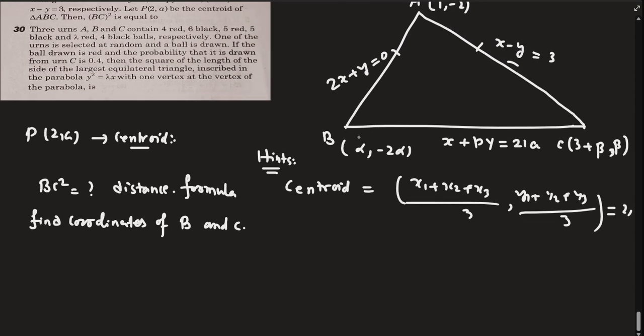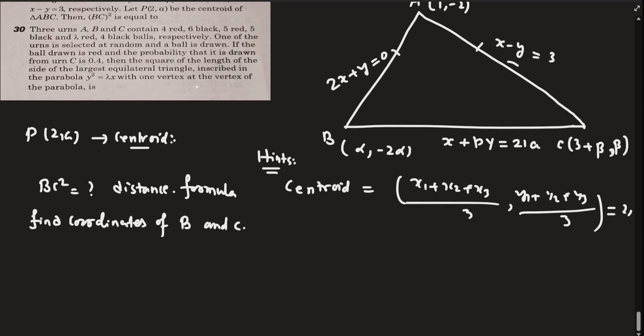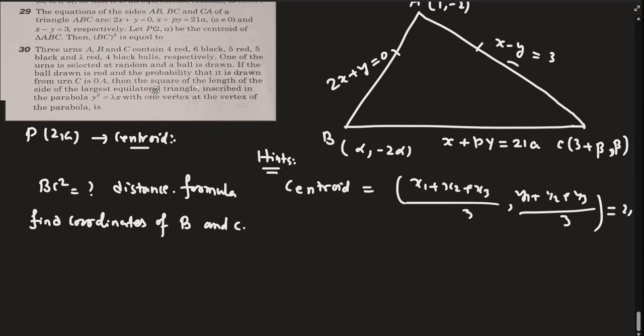Okay, now question number 29. Yes. So this value is given as (2, a). We can write the coordinate is (2, a).